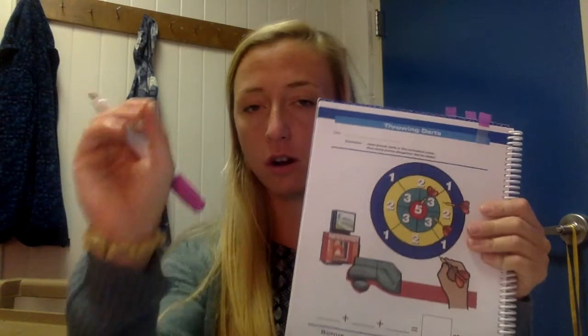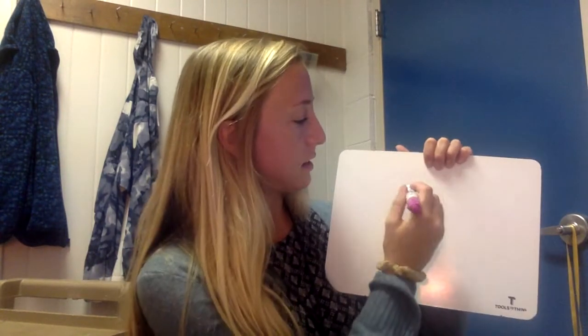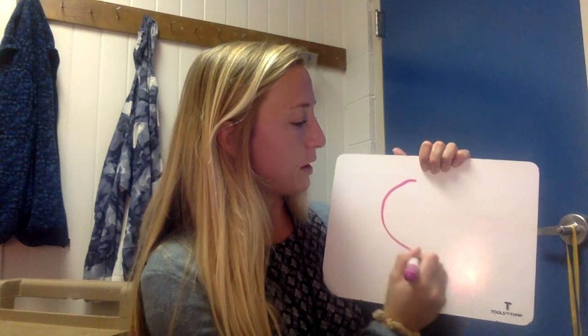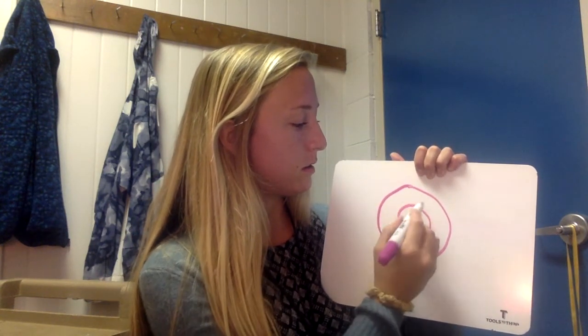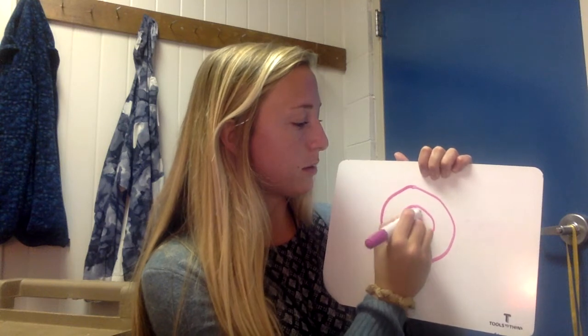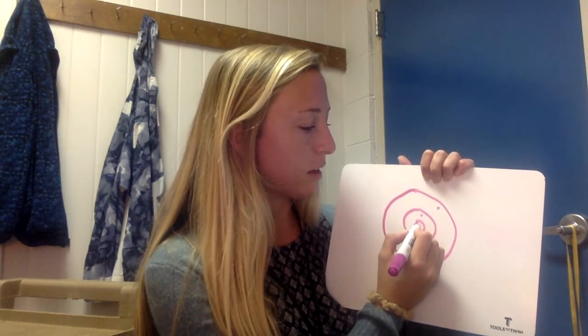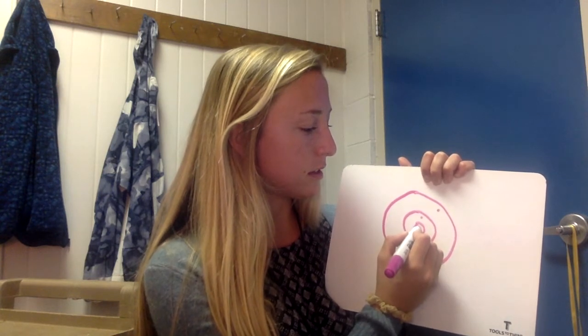They are throwing darts. They're playing a game. One person lands on the center, the other one lands on the other number, and the other one lands out here. So if we're going to do a problem like that, we can draw our dartboard. One goes here, one goes here, one goes here. The center is worth 3 points.